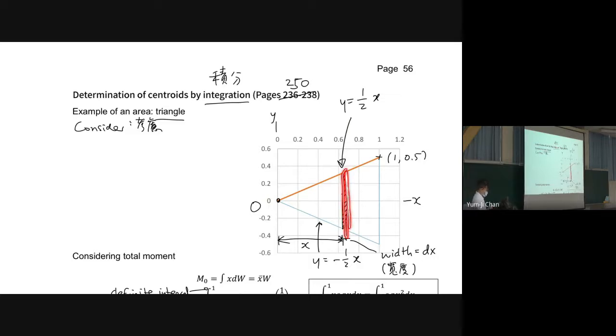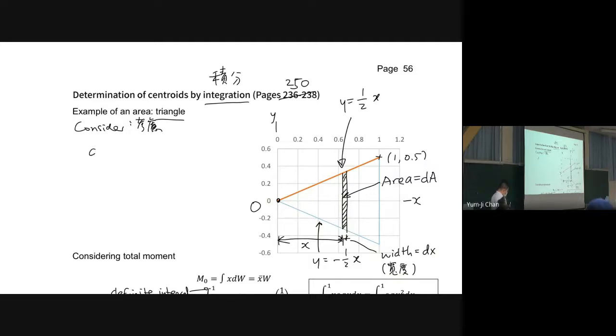For this stripe, the width is dx, and we want to determine the area. The area is equal to dA here.